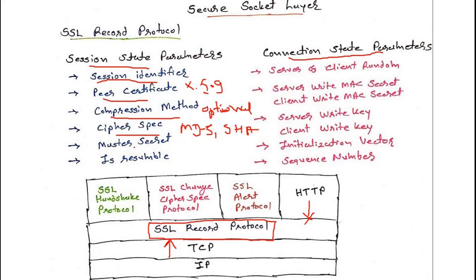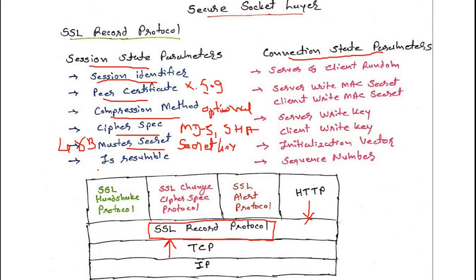Then the master secret is a type of secret key, which is a 48-byte sequence key.